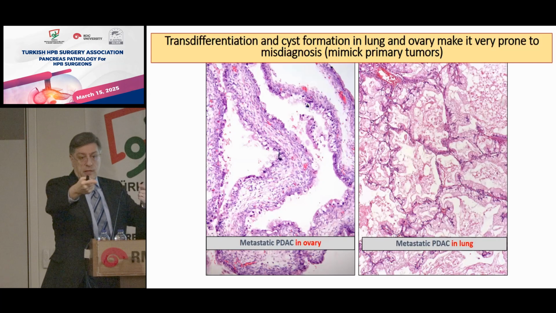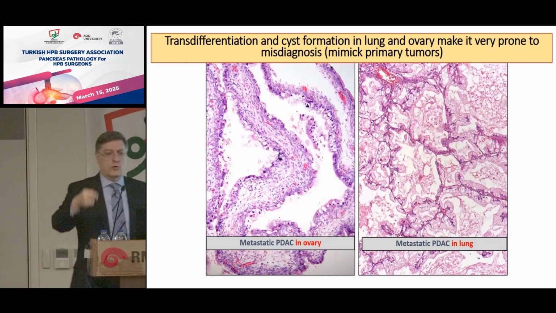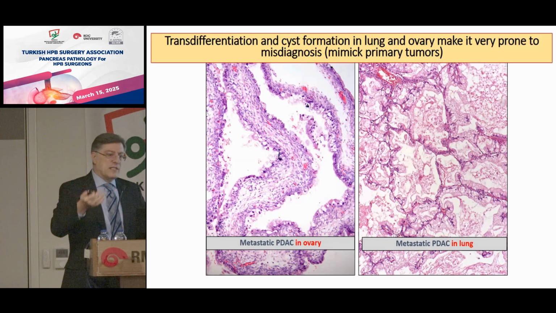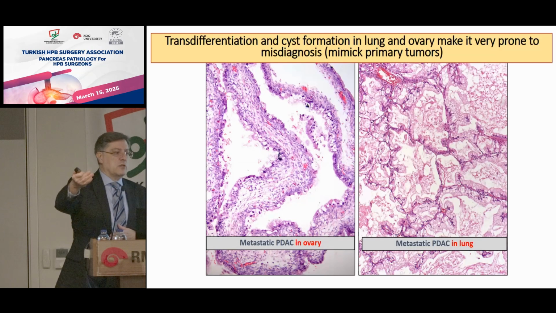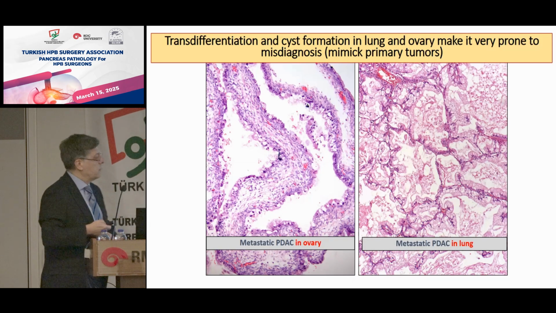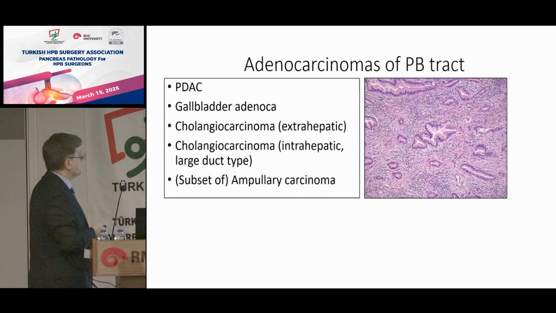There was a patient, everybody knows, in American hospital, I think Dr. Onaca had operated, alive 8 years later, unfortunately died later on. The reason I'm telling you this is when you have a PDAC case and a lung solitary lesion, they resected it, and the pathologist is calling it bronchioloalveolar primary carcinoma, it may be good to tell them, look, you realize this patient has PDAC. Would you like to re-review your case? Because often it will prove to be a metastatic PDAC.